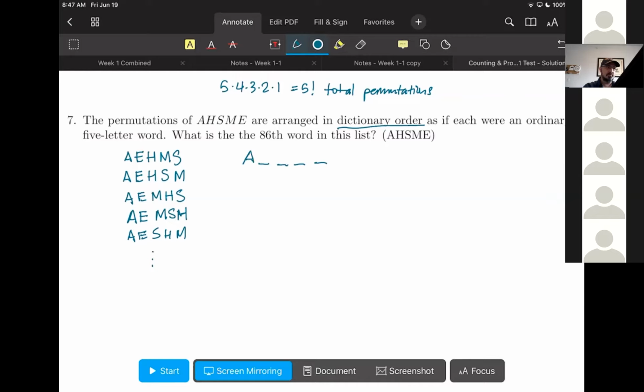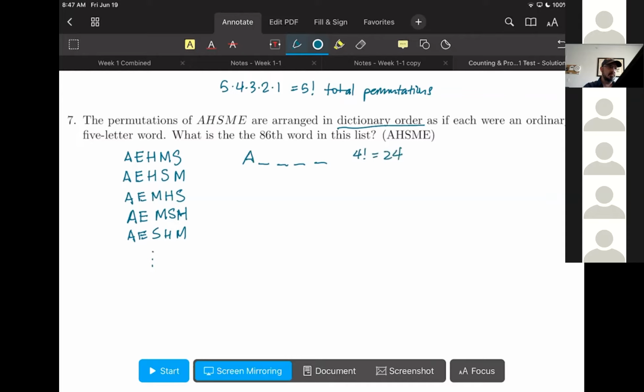So the first one could only take 1 out of the 4, the second 1 out of 3, the next 1 out of 2, and the last one takes the last one left. So that becomes 4 times 3 times 2 times 1, which is 4 factorial, equal to 24. Yep. So there are 4 factorial or 24 words that begin with A.